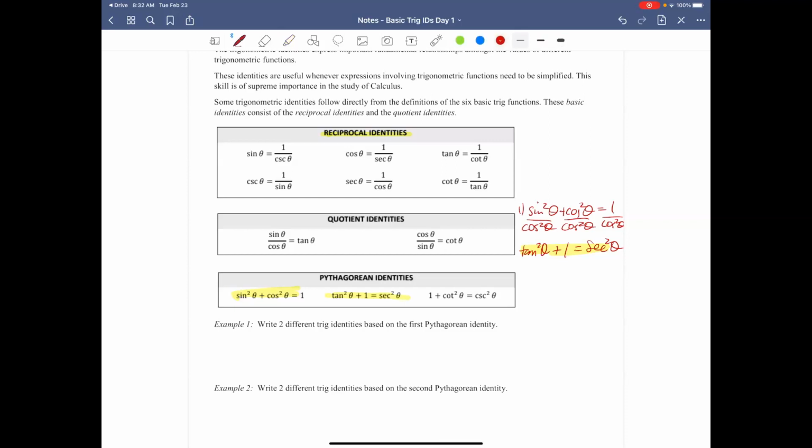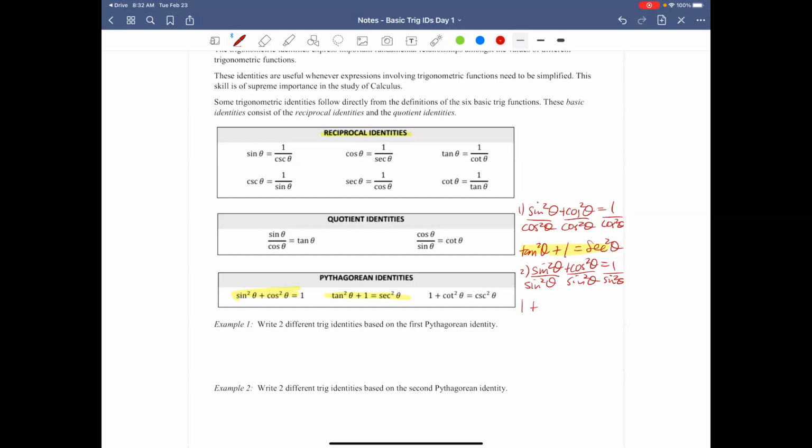We can also do the same thing, so example number 2 here, if we take that first identity, sine squared theta plus cosine squared theta is equal to 1, and we divide everything by the sine squared of theta. Well, in that case, sine squared divided by sine squared will reduce to 1.